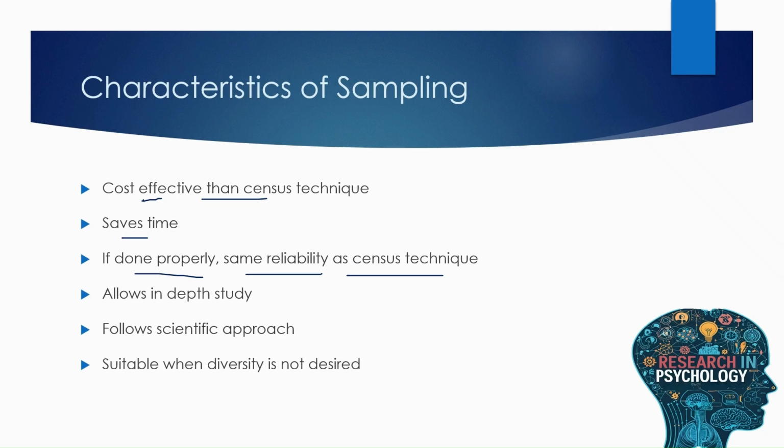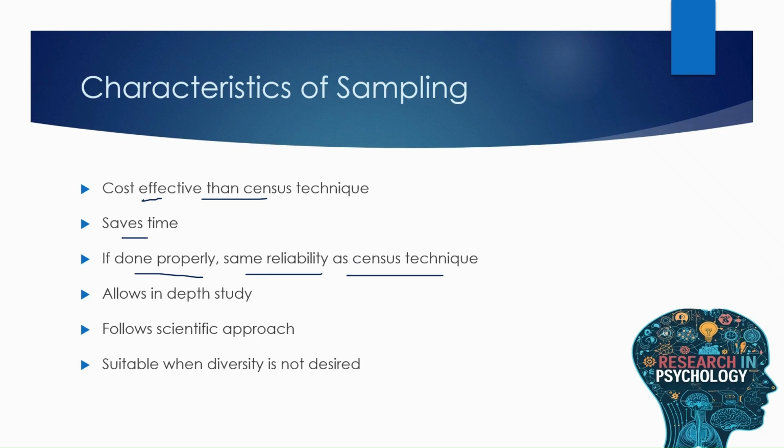So here what it says is that if you have selected the sample in a proper way, where the sample is a true representation of the population, then you might get the same reliability as you would get if you were collecting the data from the whole population. Right? So you need to make sure that your sample is randomly chosen and is a true representation of the population, so that you get the same reliable result from the sample that you would have got from the whole population.